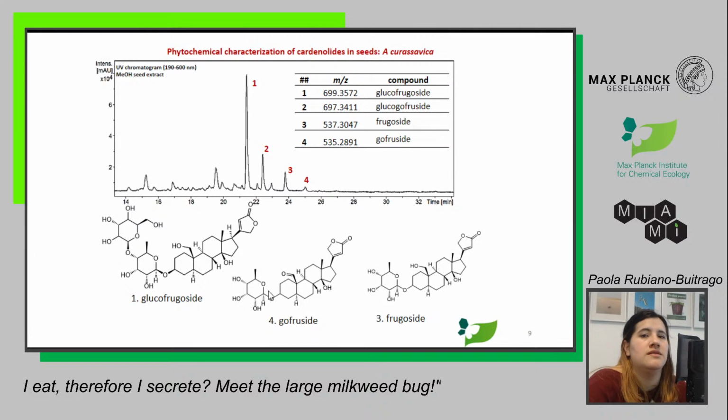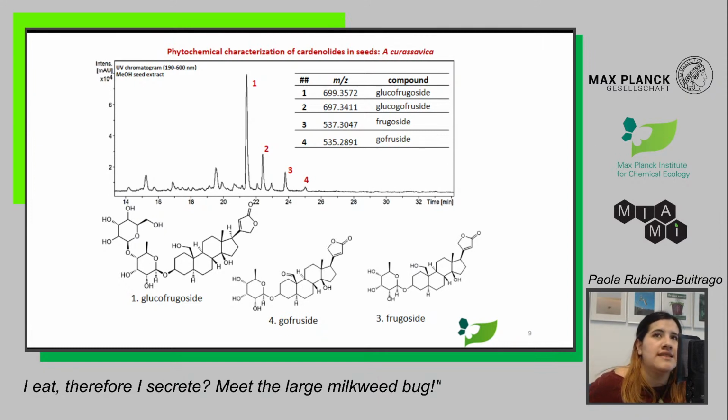The core is in these two, frugoside and gofruside, which are really similar if you look at it, but the difference is that we have a hydroxyl here and an aldehyde here. And the two glucosidated versions of these two molecules, meaning that they have an extra sugar, are going to be the two major peaks. The important part is that the peaks that contain this aldehyde are actually not the major compounds. The major compounds are the ones that have this hydroxyl.